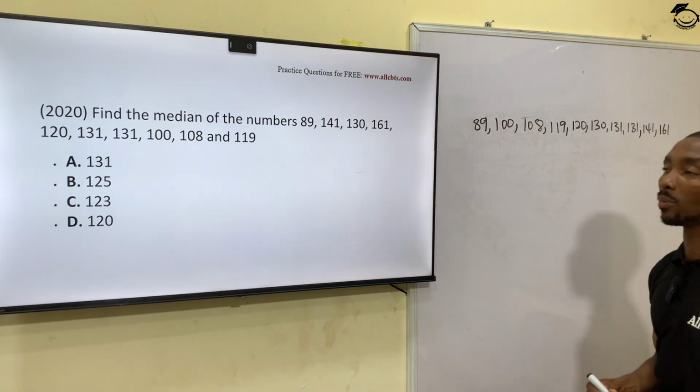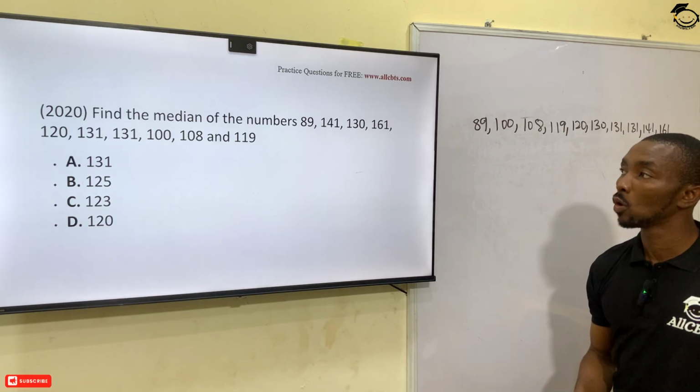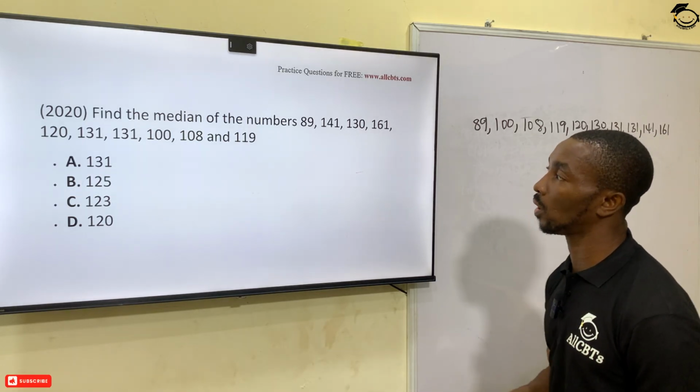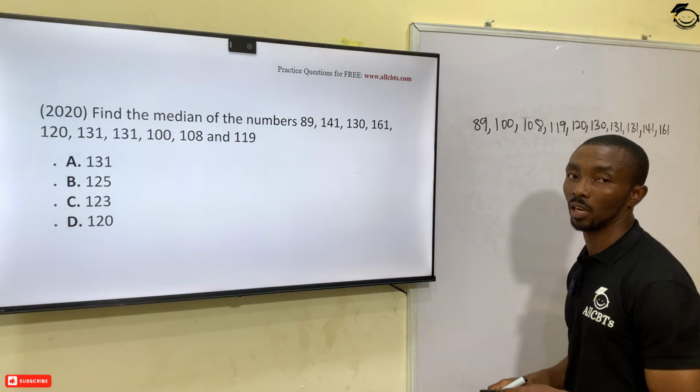Now, before we can find the median of any given set of numbers, we must first arrange them in either ascending or descending order.